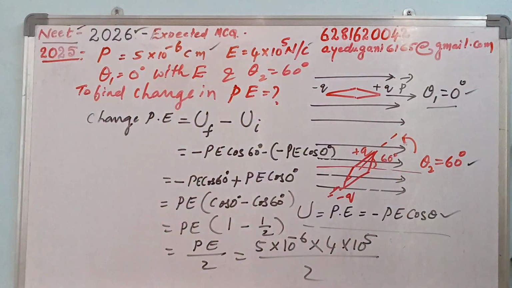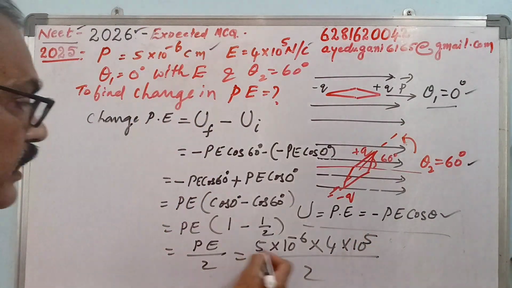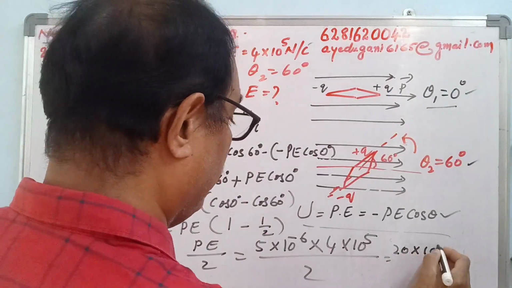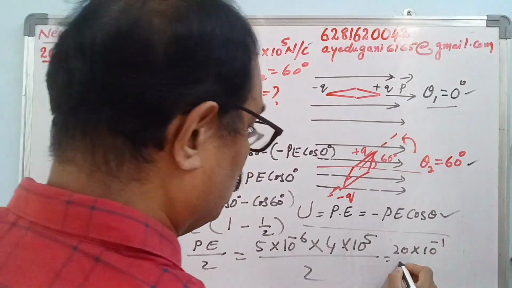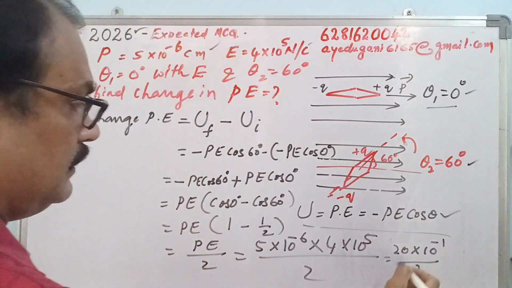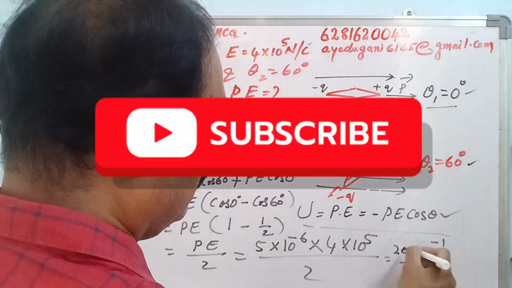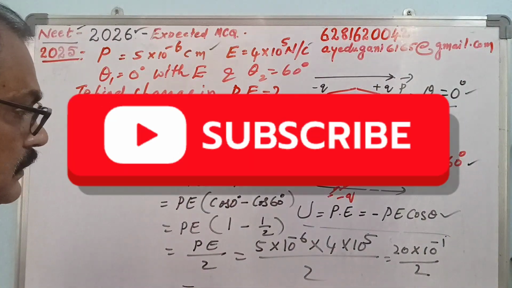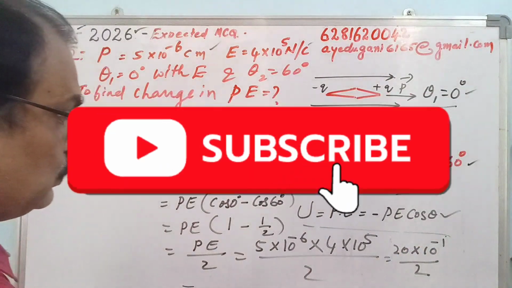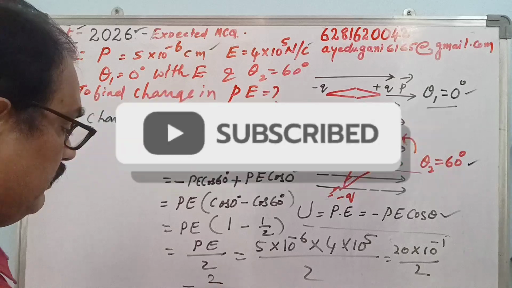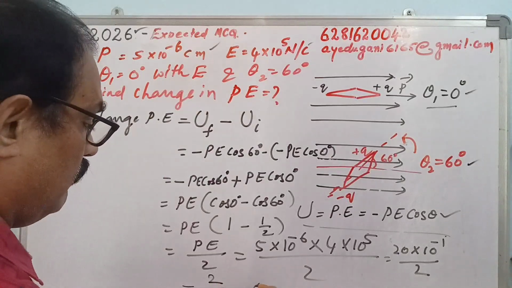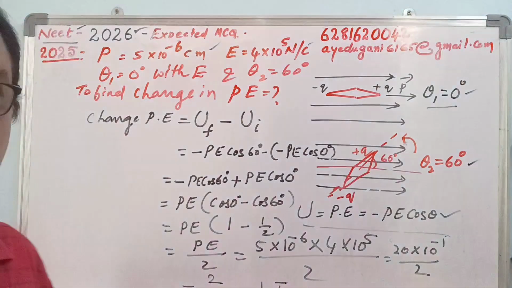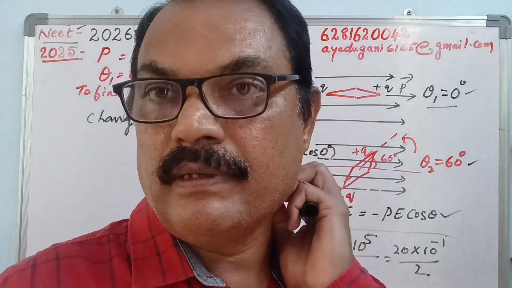So 5 into 4 is 20, into 10 to the power of minus 1, by 2. You will get 10 to the power of 1, 0 getting cancelled, so you get 2 by 2, which becomes 1 joule. The answer is 1 joule.